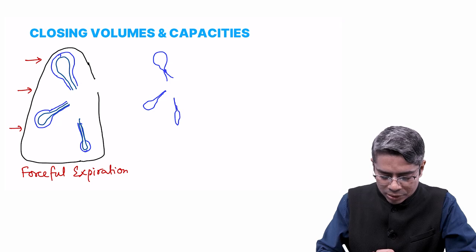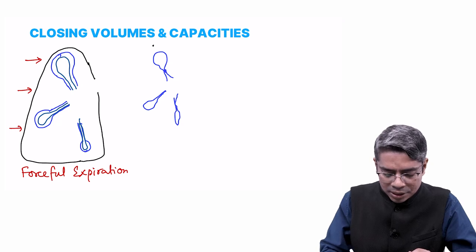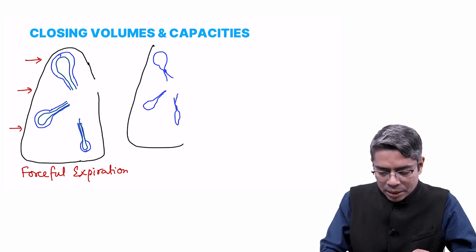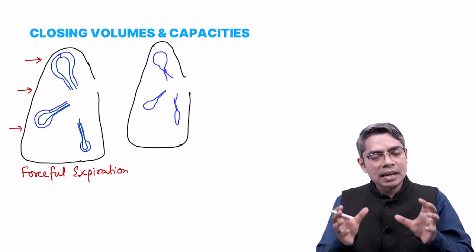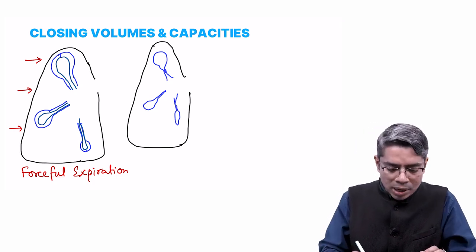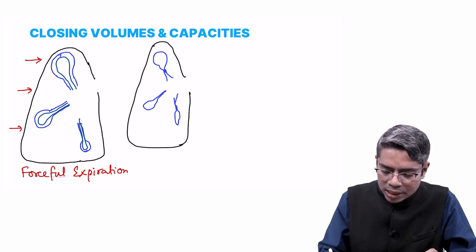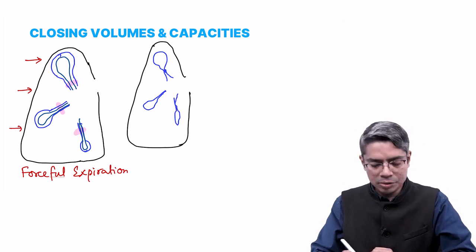So, one condition will be reached, if you go on continuing this forceful expiration, where the lung size will reduce, and with the reduction in lung size, the alveolar size will also reduce, and ultimately one point will be reached where the small size bronchioles are going to get collapsed.